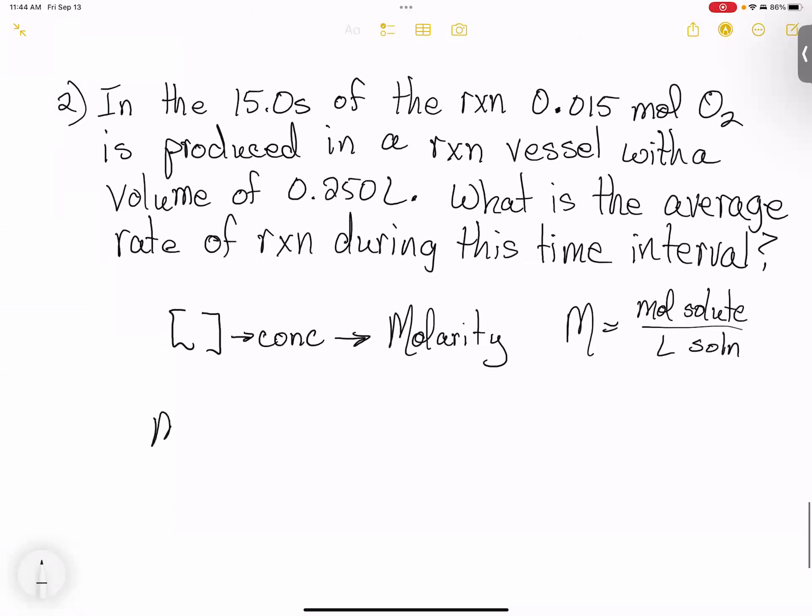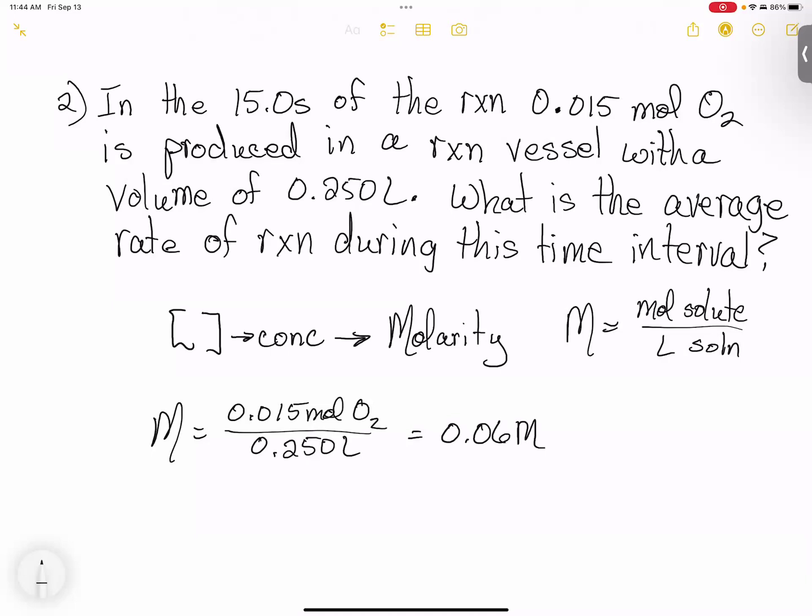So the molarity of this reaction is 0.015 mole O2 over 0.250 liters of solution. Or in other words, it's 0.06 molar O2.